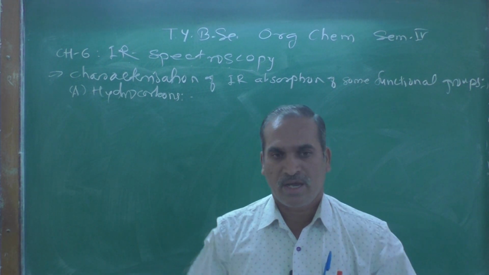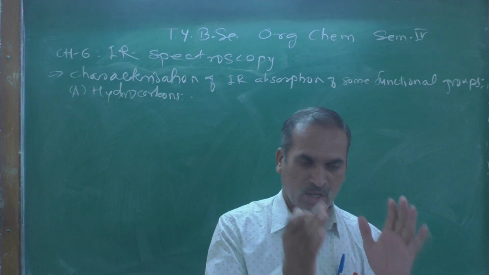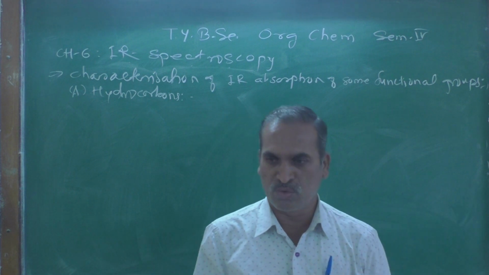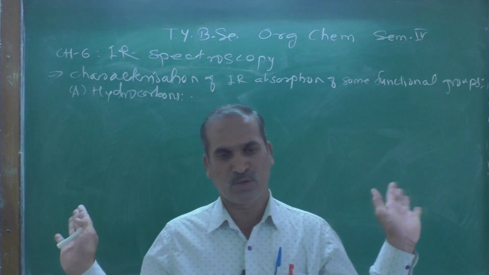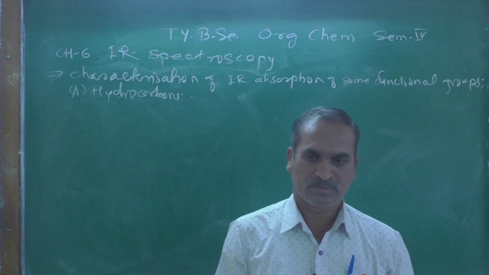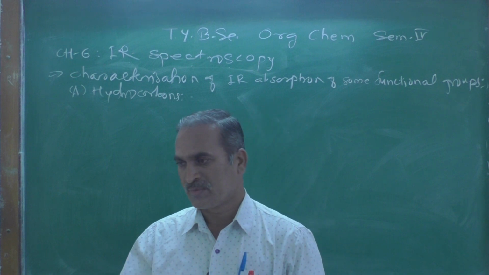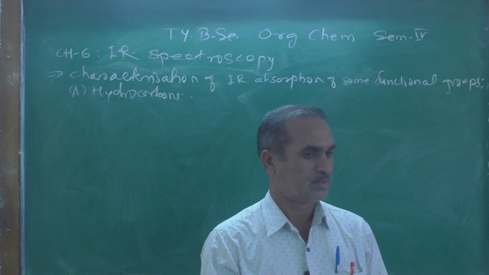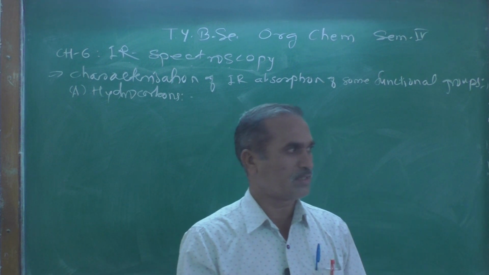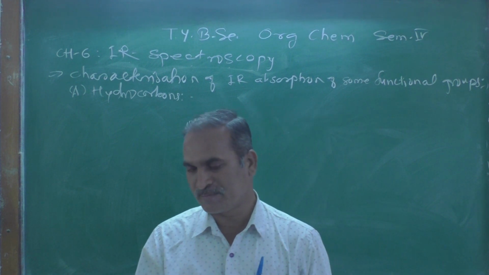As we know, the word hydrocarbons clearly indicates that the organic compound which is made by carbon and hydrogen only is known as hydrocarbons. The organic compounds belonging to such a category, for example, alkanes, alkenes, alkynes, aromatic compounds, for example benzene.